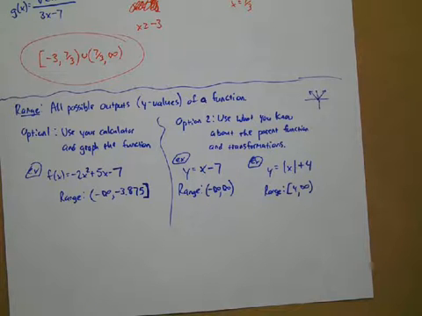If you want to just do it on the back, that's fine. Page 50 in the book, 71 to 81, the odds. And then also the domain range worksheet.